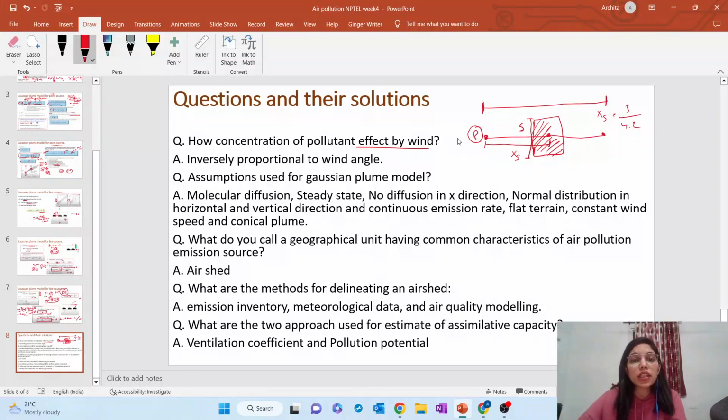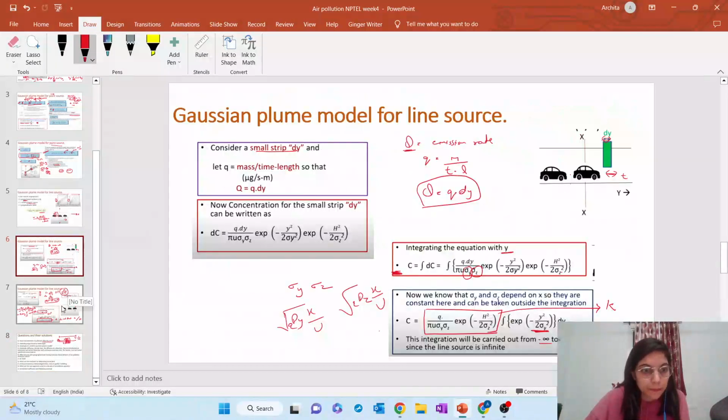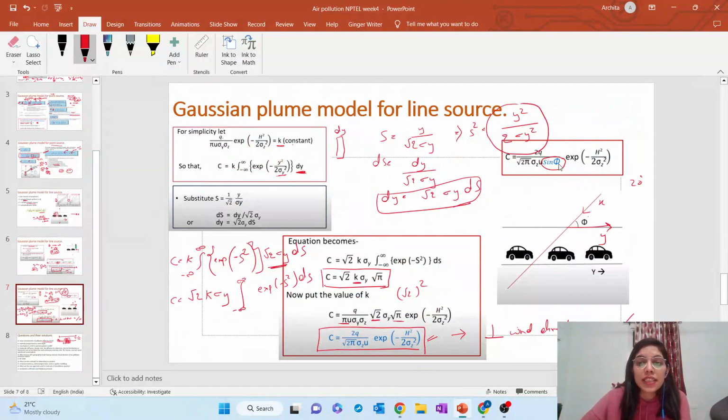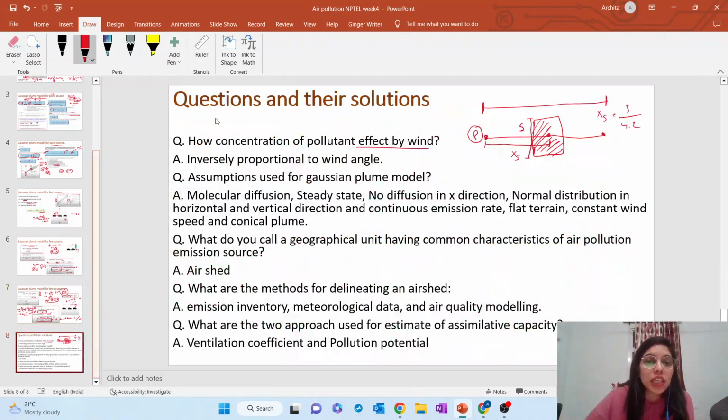We have seen in this equation that sine theta is in the denominator, and theta is the wind angle. So if the wind is high, concentration is low. So the answer is that with an increase in wind angle, the concentration decreases.